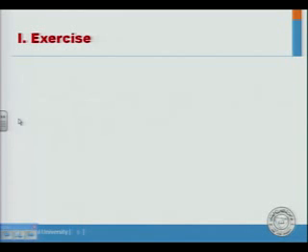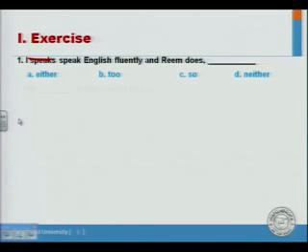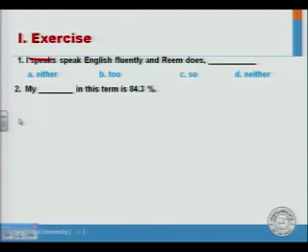Just to show you how the questions will come in the final test, let's take this practice about the important words. The first one, I speak English fluently, and Dream does. This is what I want you to know about how to differentiate between either, too, so, and neither.